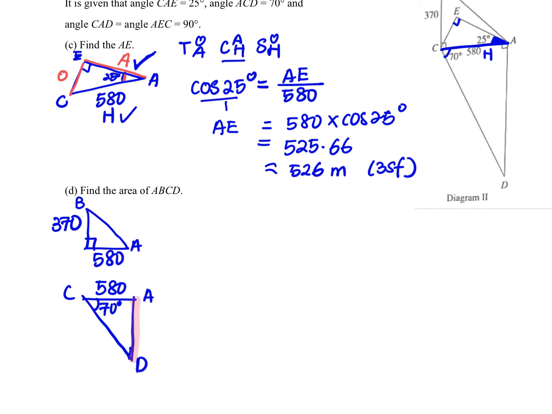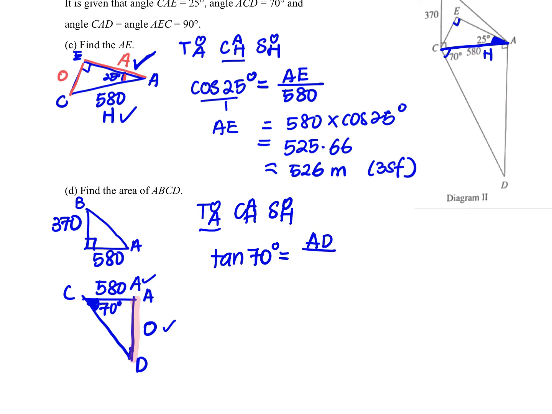So I'm going to use my trigo ratio again. So this is my angle 70, right? This will be my opposite, which I need to find. And this one will be the adjacent, right? So out of my trigo ratio, I need to find O, the opposite, and I have A, the adjacent. So I should use the tangent ratio. So tangent of 70 degrees, TOA, will be AD over 580.